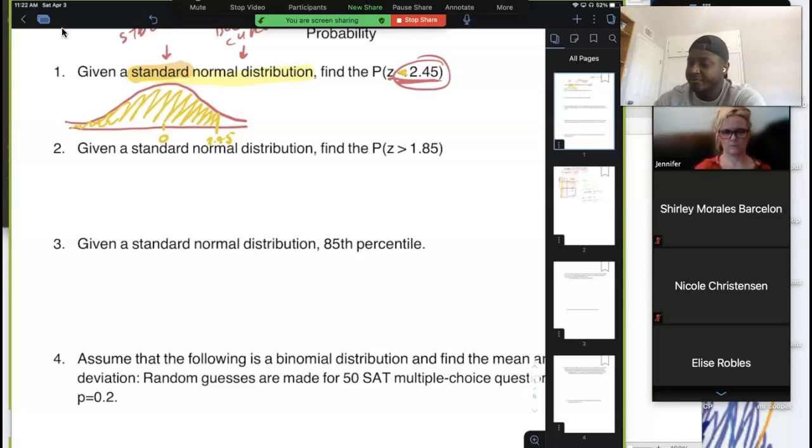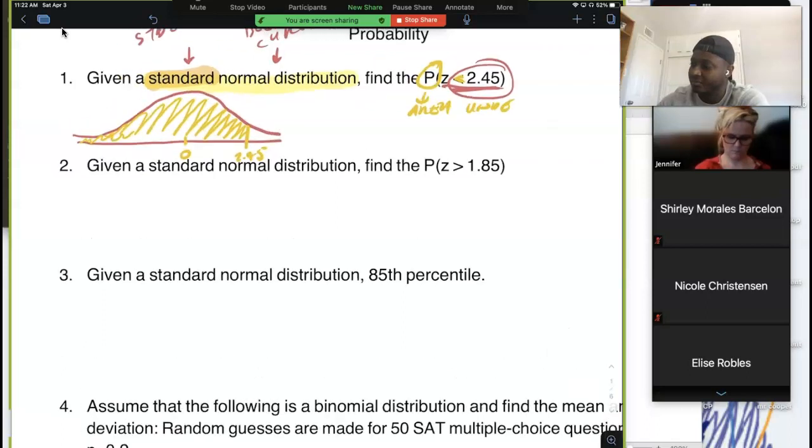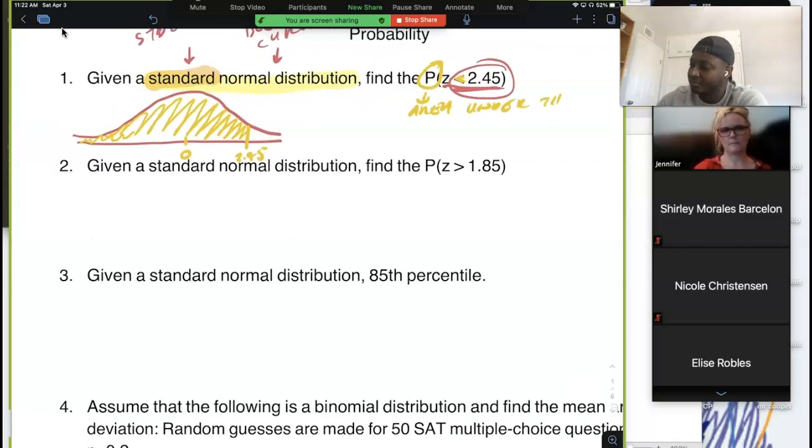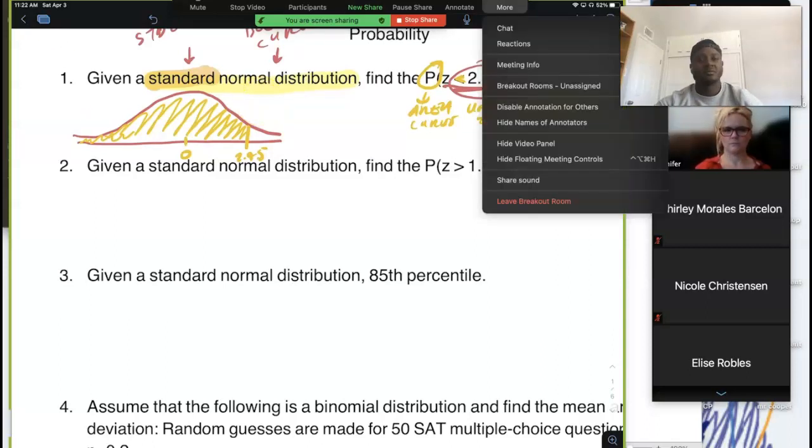And so now the probability is actually the same as the area under the curve to the left of 2.45. So that's what we're going to have to find.